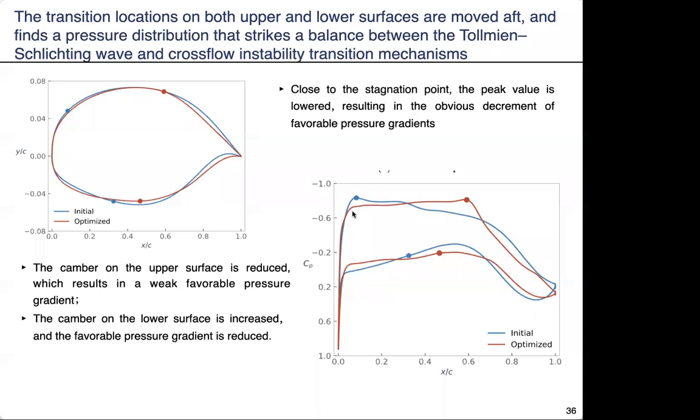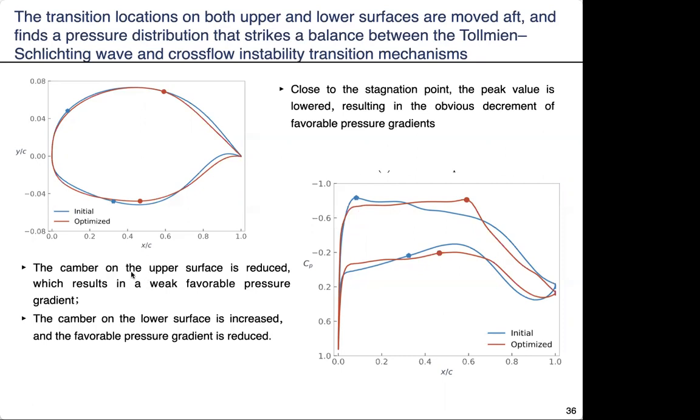And we know that the cross-flow instability close to the leading edge is the strongest. So the peak is lowered, and it will result in an obvious decrease of the favorable pressure gradient, which would lower the cross-flow instability a lot.